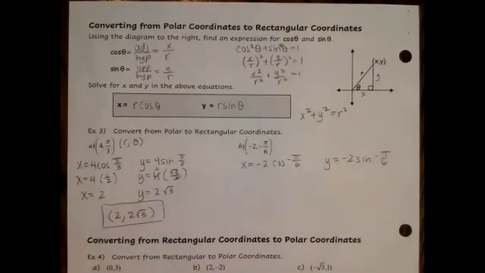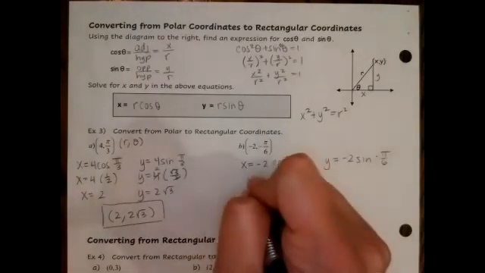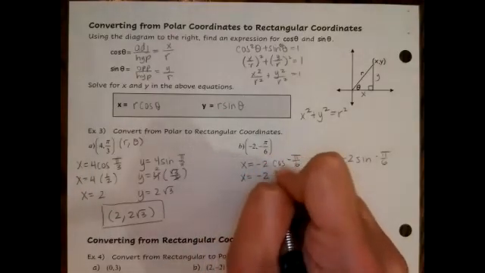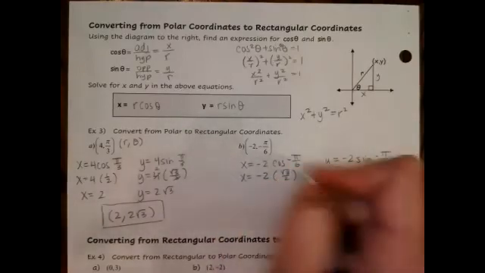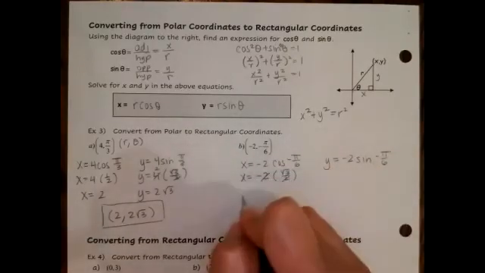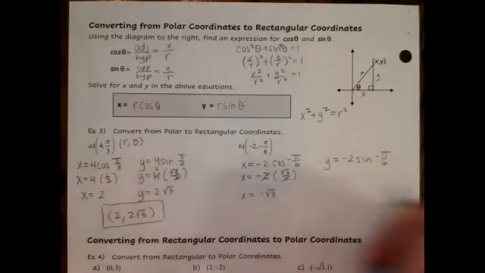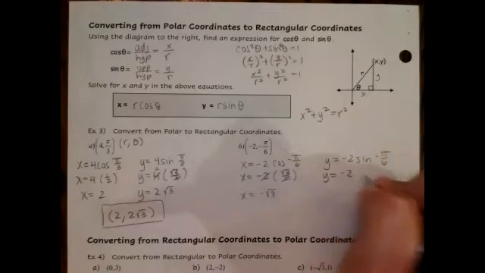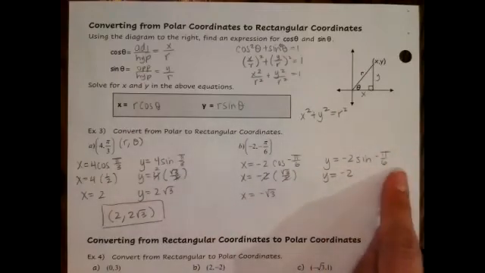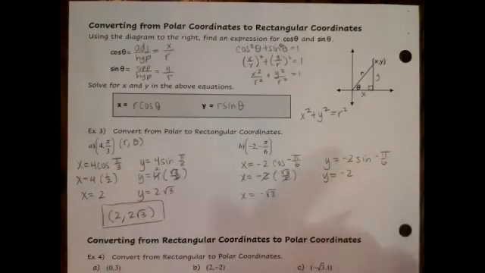So that's going to be the same thing as 11 pi over 6. And so we get the cosine one is root 3 over 2. And so that 2 cancels that one. So we get x is equal to negative root 3. And then over here, we're going to multiply times the sine of negative pi over 6, which is negative 1/2.